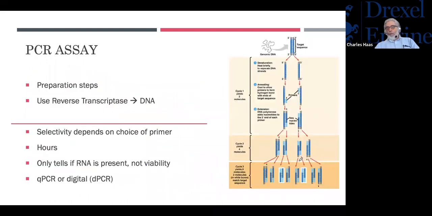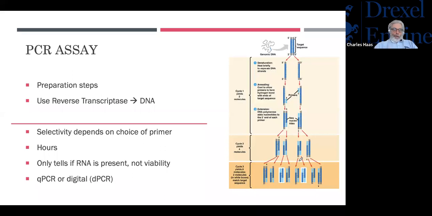In contrast, we can look for the nucleic acid, in the case of retroviruses RNA, directly by the use of what's called the polymerase chain reaction.